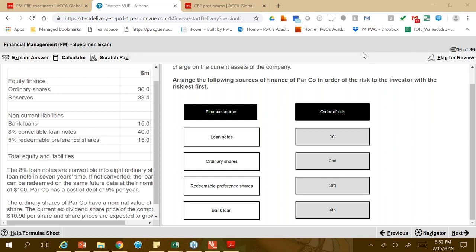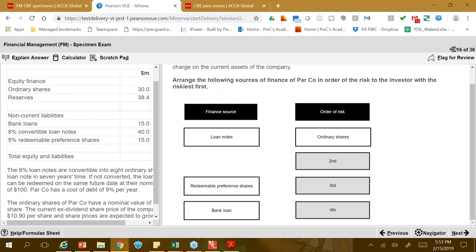Do you remember? Yes, the ordinary shares are riskiest. So the most risky form of financing is ordinary shares.